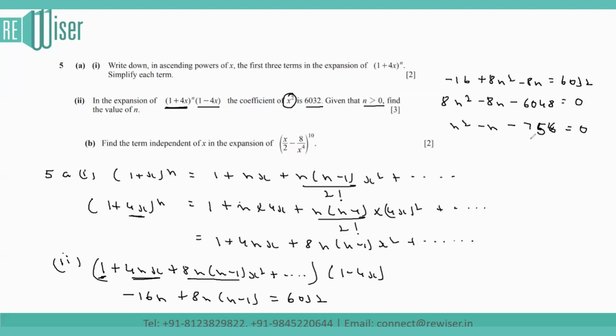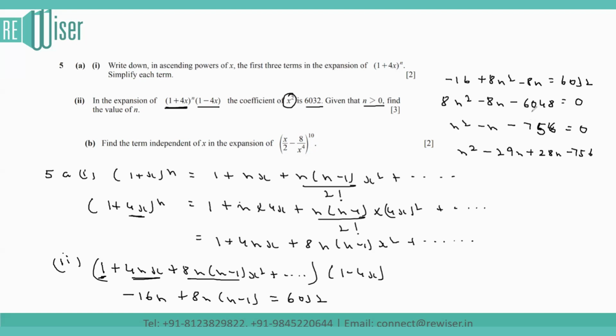So if I'm doing the middle term factorization here, it should be n² - 29n + 28n, and that's -756. So I will check out the division part over here once again.